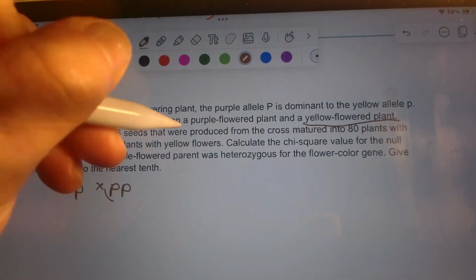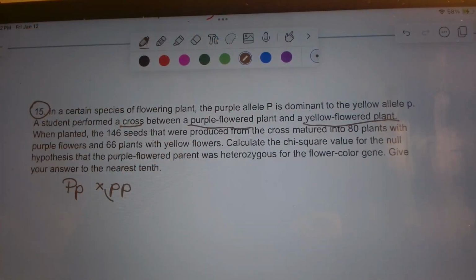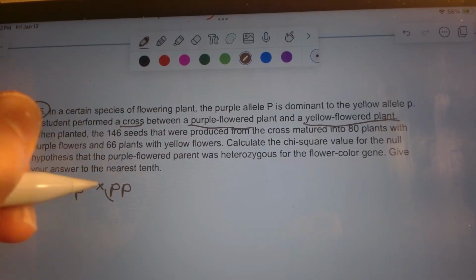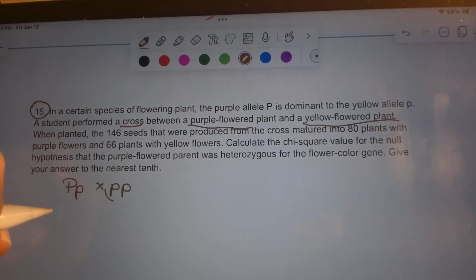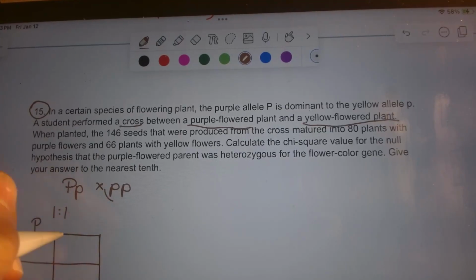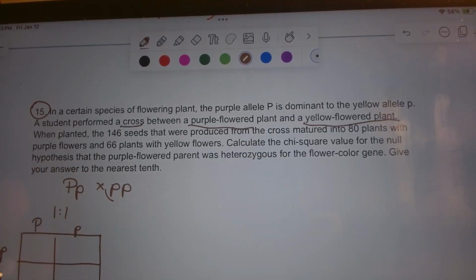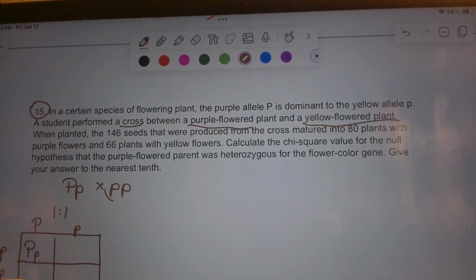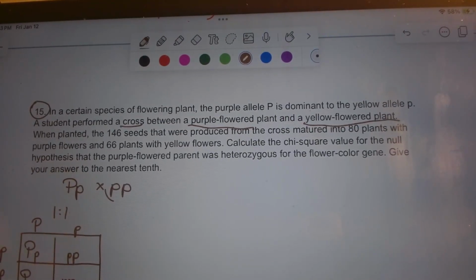Because it was the yellow flower, and the purple got to be heterozygous. In this case, the cross will give me a 1-to-1 ratio for the colors. How do I know? Well, in my head, I did the Punnett square. So 1-to-1 ratio.